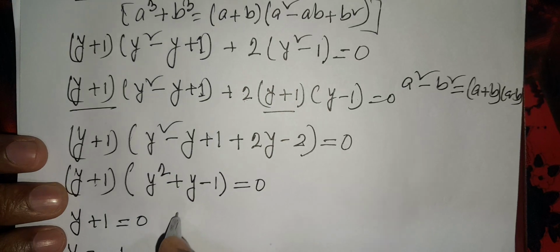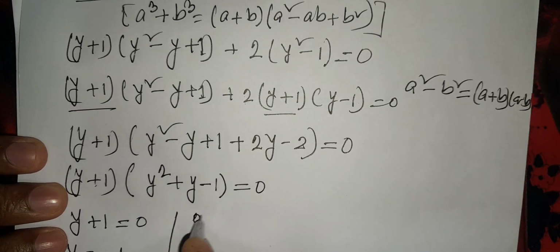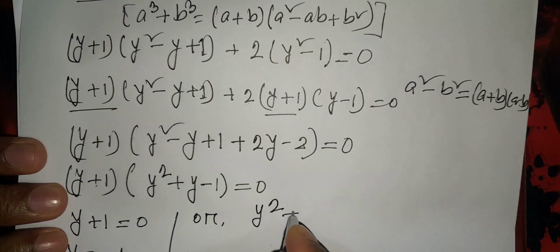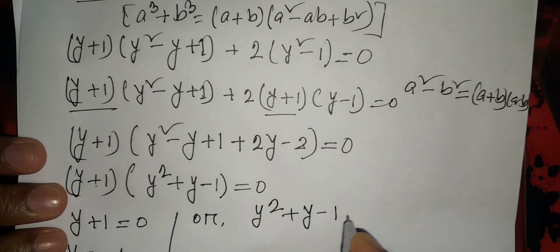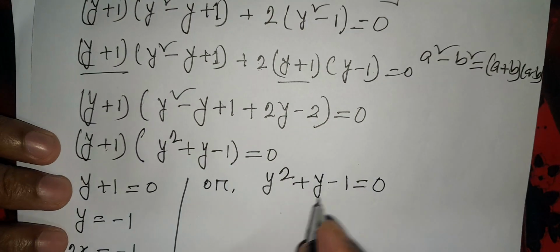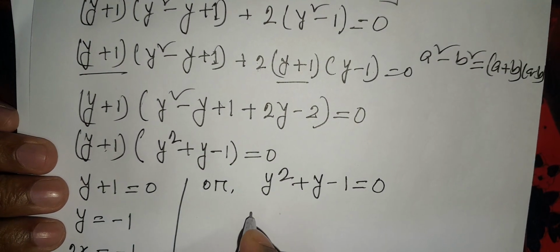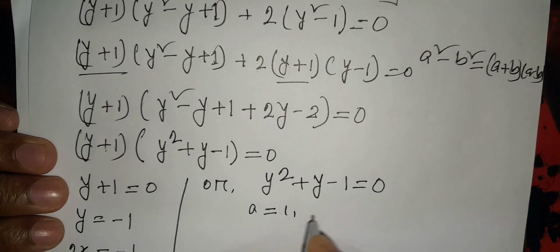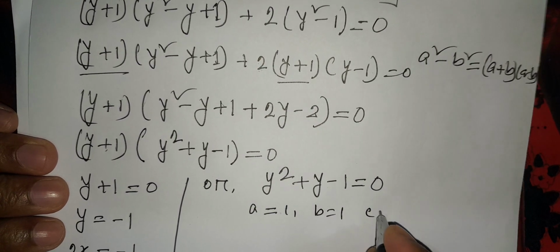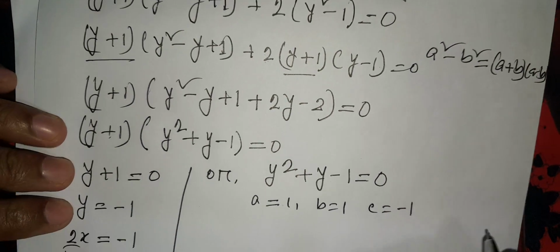So next we write here, or y square plus y minus 1 equal to 0. Here we use a equal to 1, b equal to 1 and c equal to minus 1.